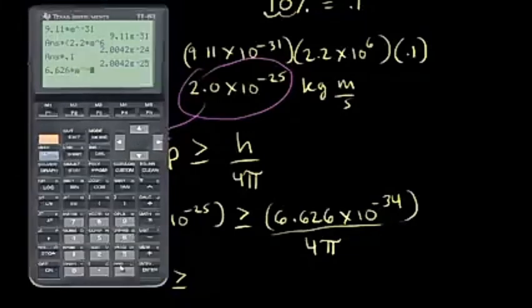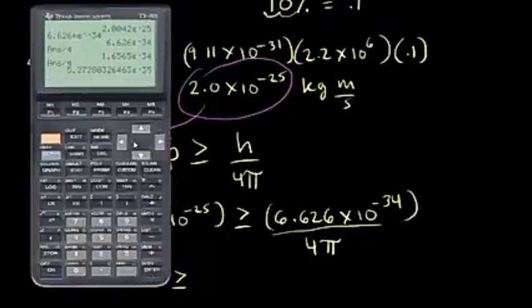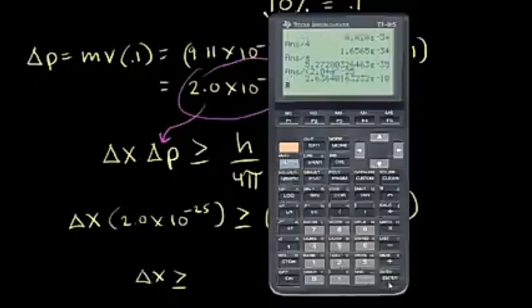6.626 times 10 to the power negative 34. We divide that by 4, and we also need to divide by pi, and then we need to divide by the uncertainty in the momentum, that 2.0 times 10 to the power negative 25.